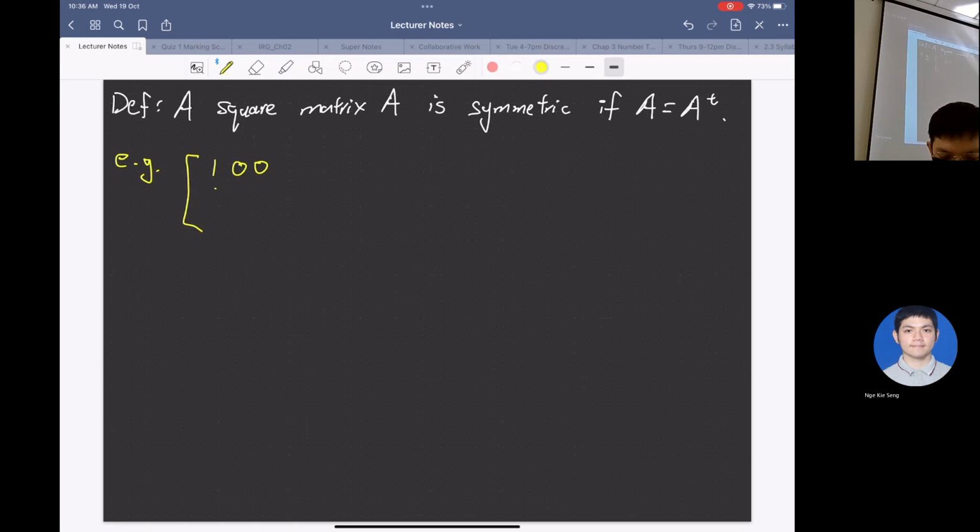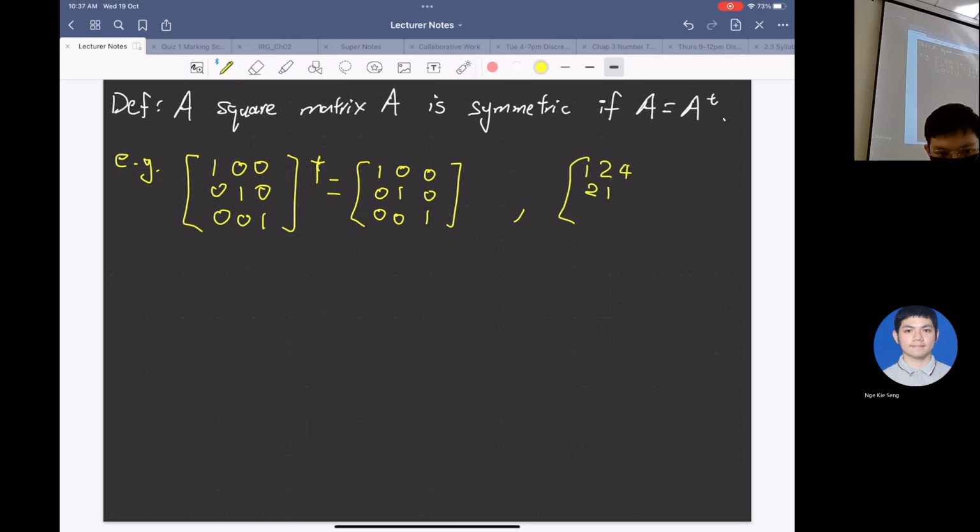We encountered the identity matrix. The identity matrix is symmetric. If you swap it, you still get the same matrix. And also this matrix is symmetric. But we won't go further from here.